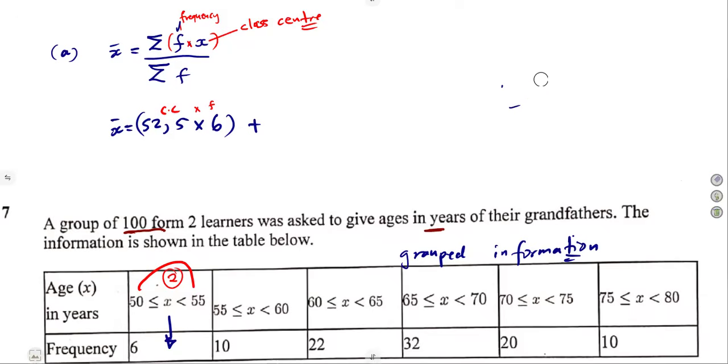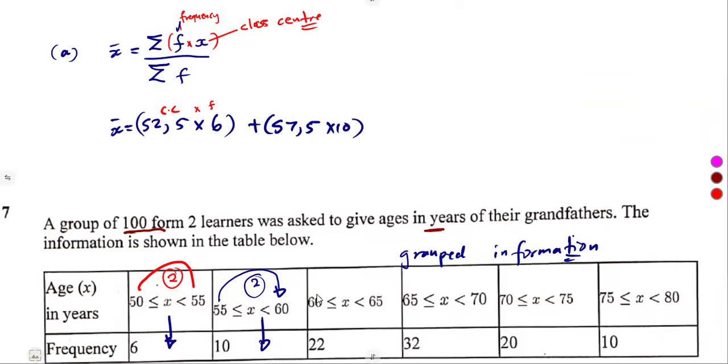You do the same thing throughout up to the last one. The next class, 55 to 60: we add 55 plus 60 and divide by 2. That gives us 57,5, and the corresponding frequency is 10.